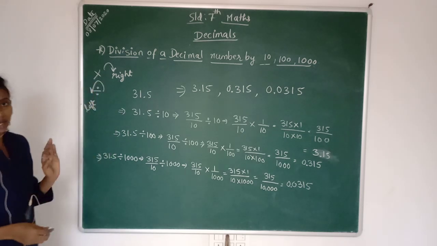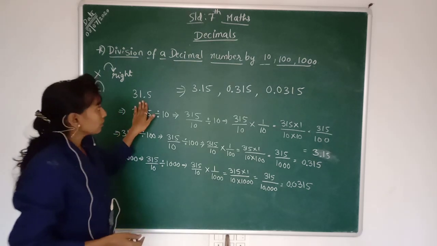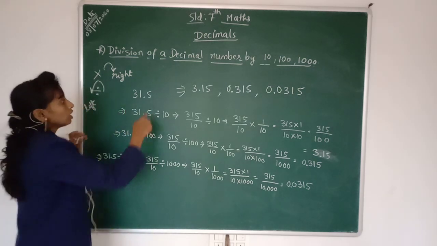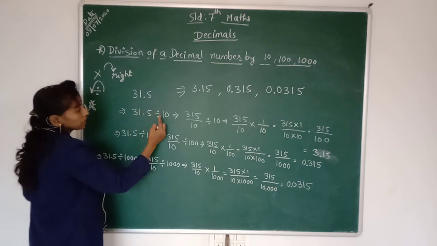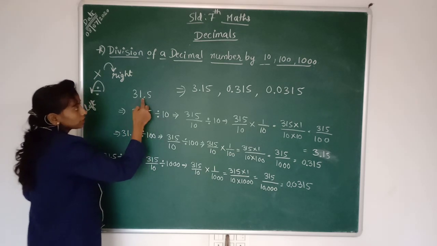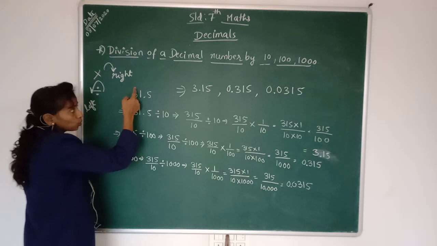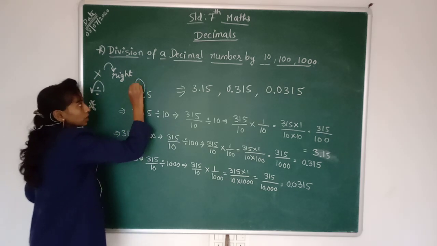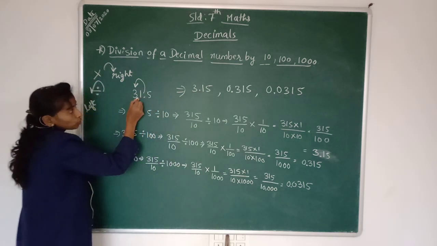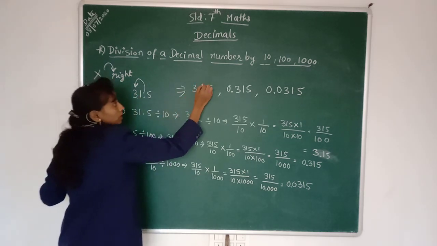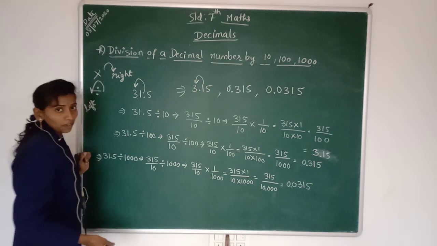That you have to keep in mind. So here 31.5, the decimal point is before 5. When you divide by 10, this decimal point moves towards the left. See, here it comes after 1, it moves to this place, on the left side.